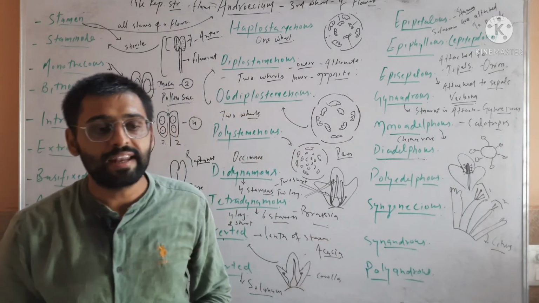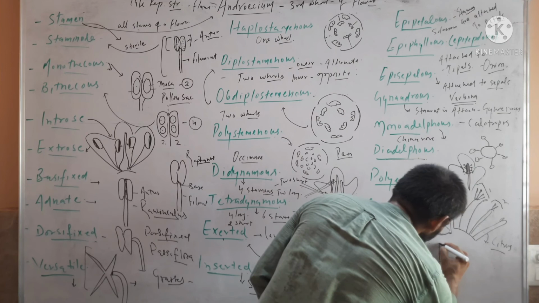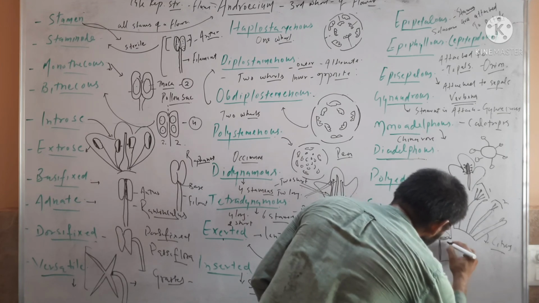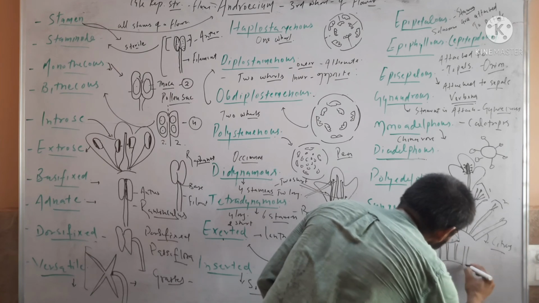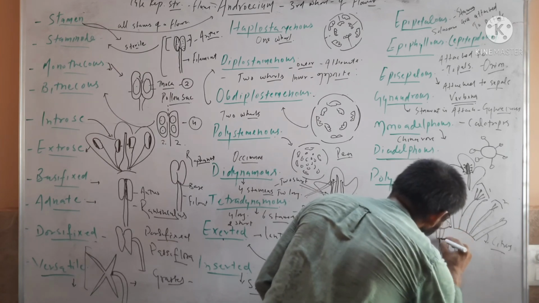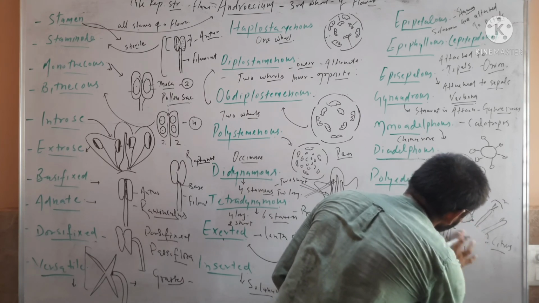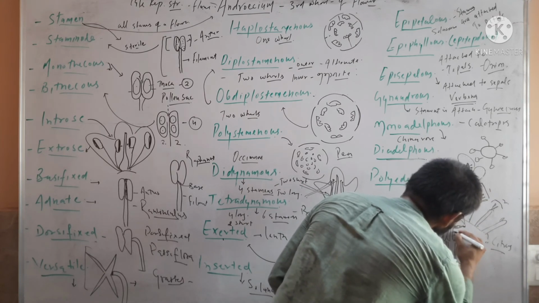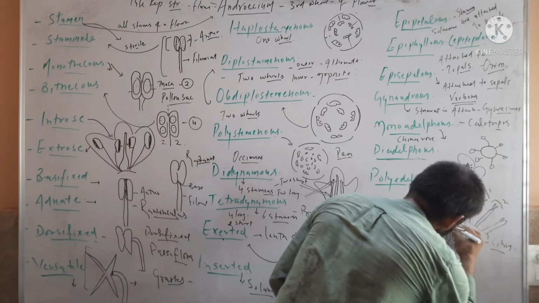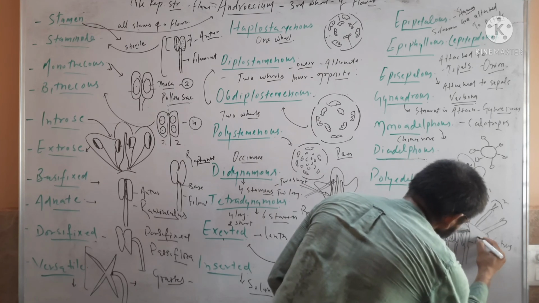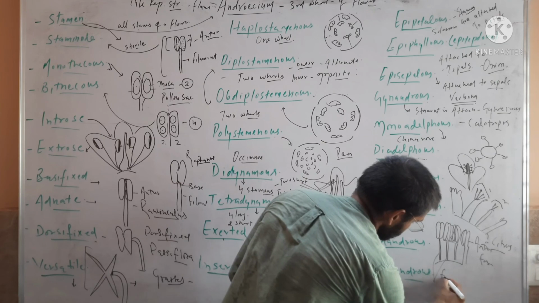Next term is syngenesious, when the filaments of stamens are free but anthers are fused. So here these are anthers and they are fused, but these filaments are free.